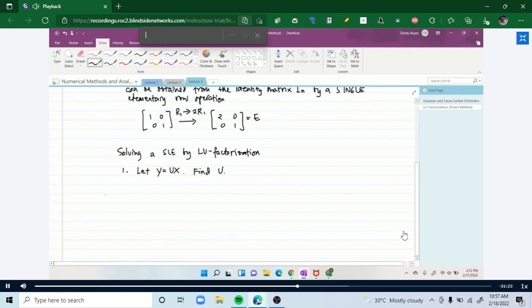And then from there, you find the lower triangular matrix L. And then if you have U and L already, you solve the equation that you have created here, Ux equals y, for x. Note that x here is the matrix of the unknowns. And B here is the constant matrix, the right hand side constant.